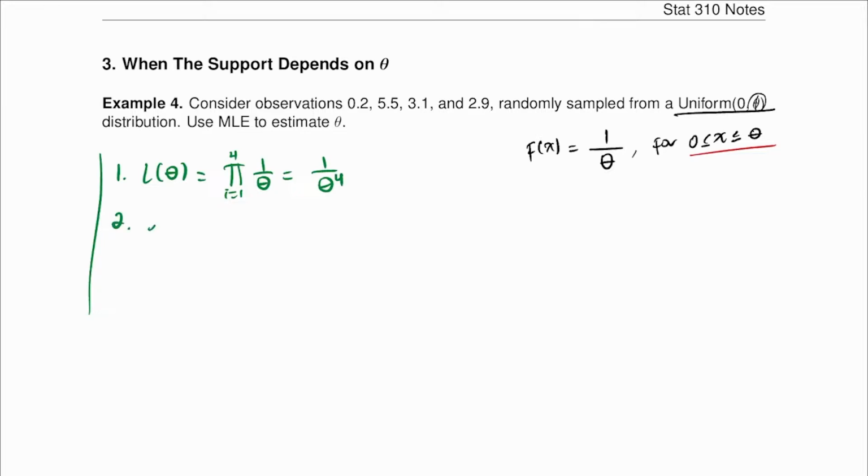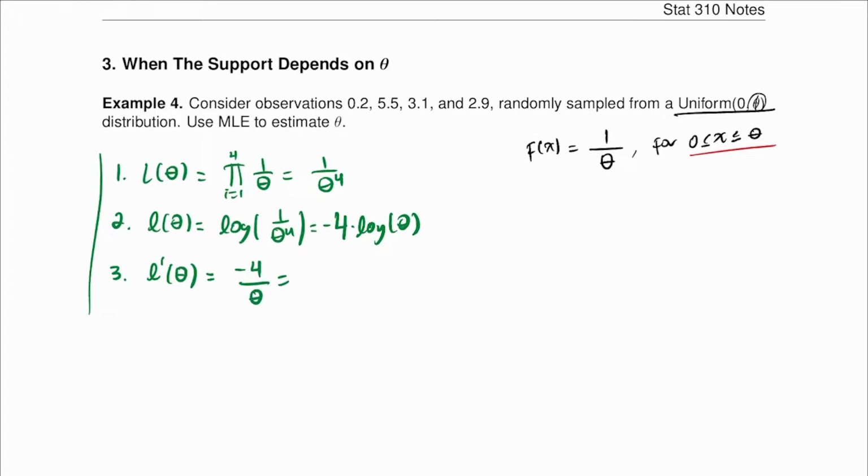In our second step, the log likelihood is going to be the logarithm of 1 over theta to the 4, and this is minus 4 times the logarithm of theta, right? And in our third step, if we differentiate with respect to theta, this is minus 4 over theta, and we set this equal to 0, and this has no solutions.